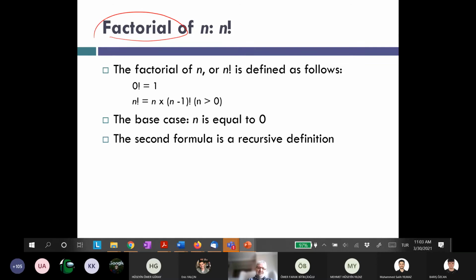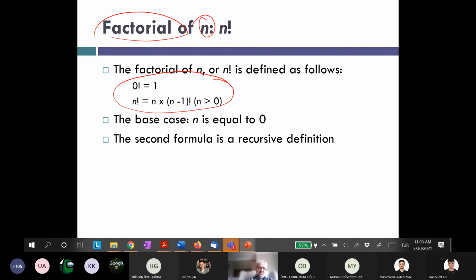We can define factorial of n recursively, as in here. If you can define something recursively, you can write a recursive method based on this recursive definition easily.